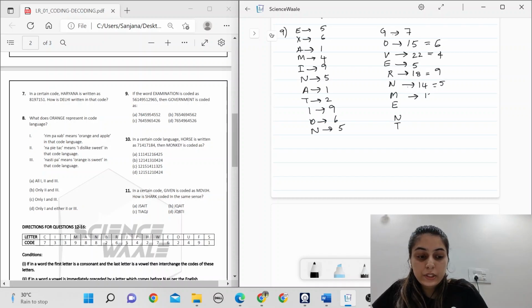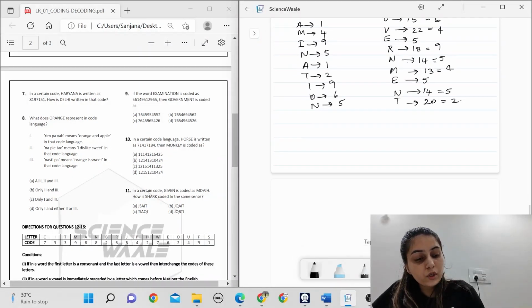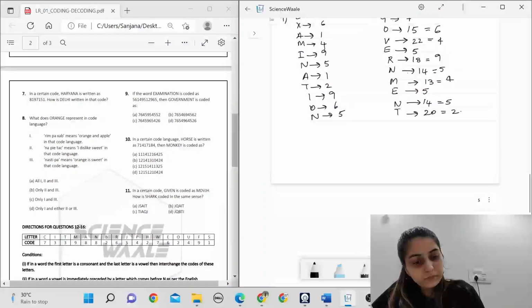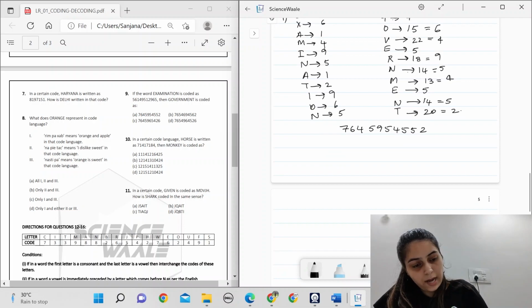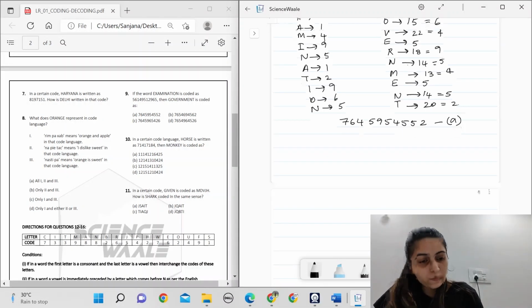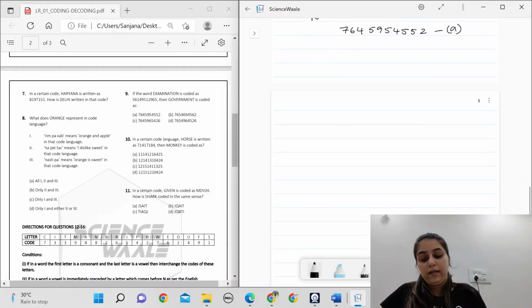M is in 13th place, so 1 plus 3 is 4. E is again in 5th position, N is 14, so 5. And T is in 20th position, 2 plus 0 is 2. So for government, the code would be 76459545552. That is option A.